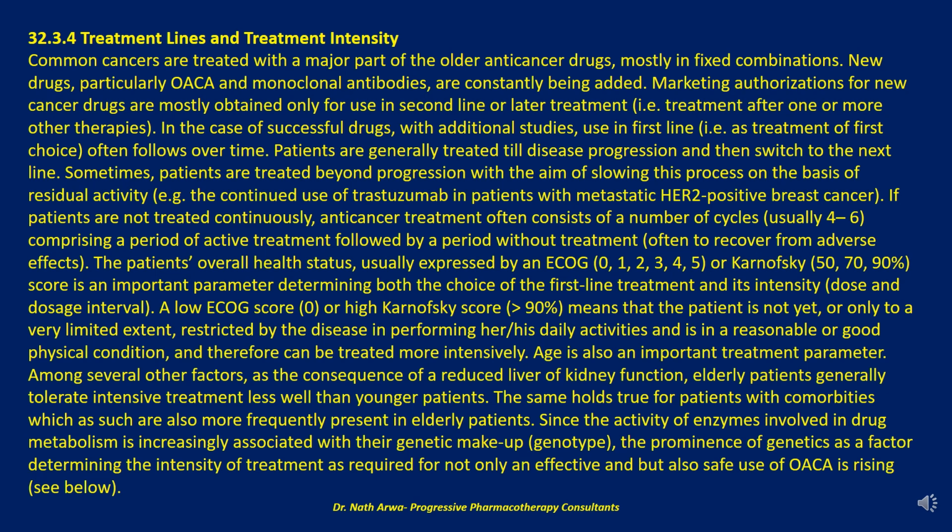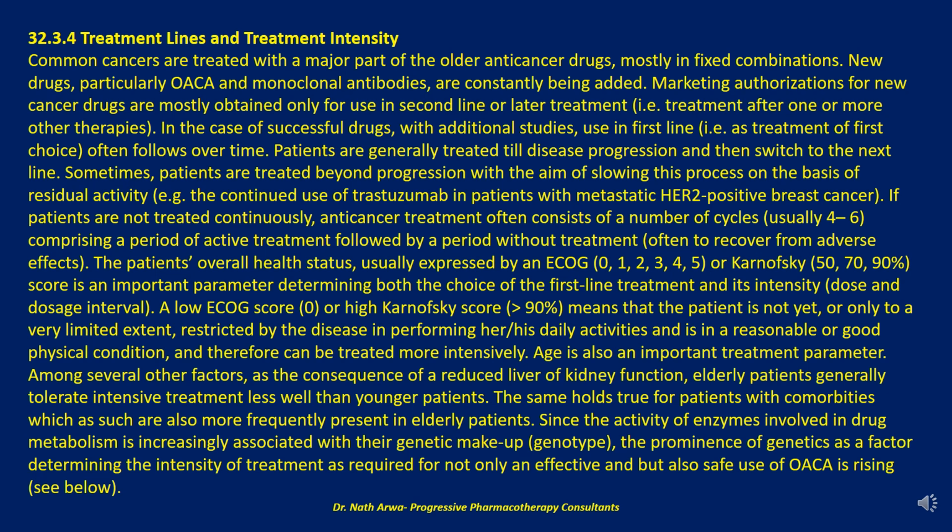The patient's overall health status, usually expressed by an ECOG score of 0, 1, 2, 3, 4, 5, or Karnofsky, that is 50, 70, 90%, is an important parameter determining both the choice of the first-line treatment and its intensity, dose and dosage interval.